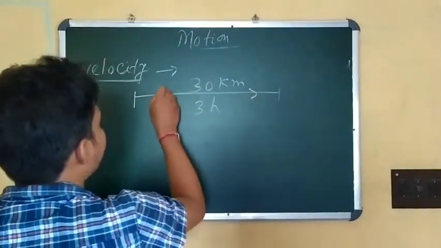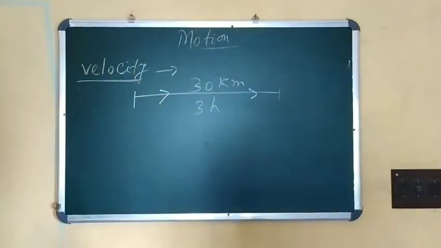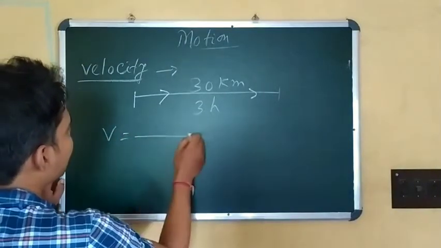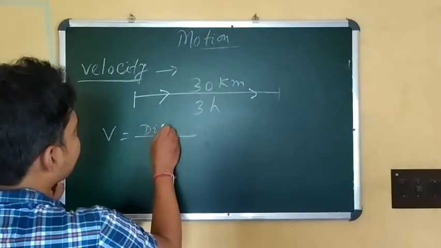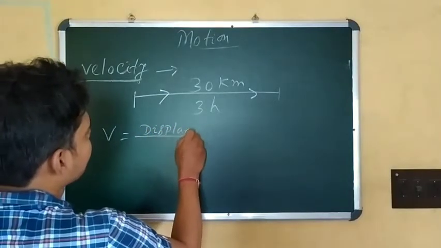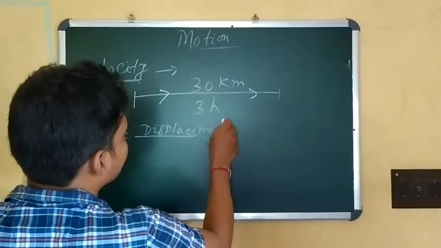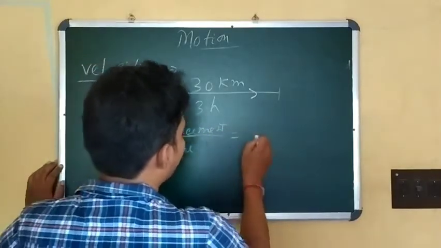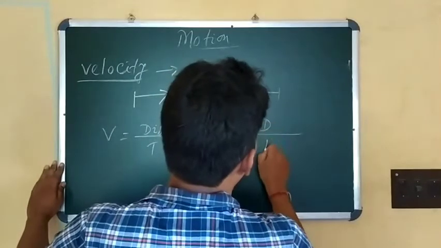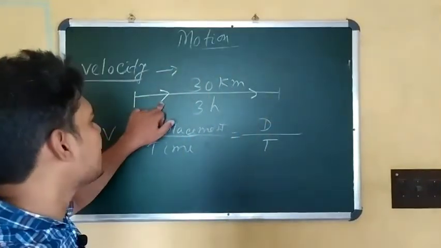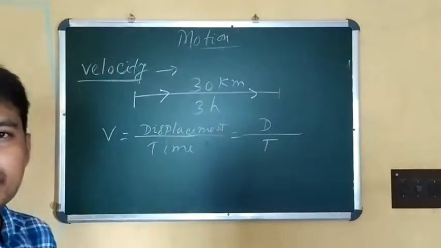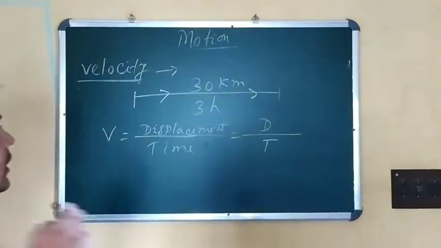in a specified direction, then what will be the velocity of this object? Now you write down this formula. Velocity v equals displacement by time, or you can write d by t. So here, as the direction is fixed, this distance is the actual displacement.